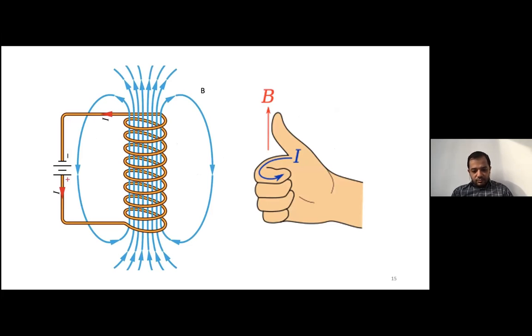Here's again the right-hand rule. If we have a coil and we're running a current around that coil, we see that there will be a generation of a magnetic field, and you'll see the flux coming out of the coil.